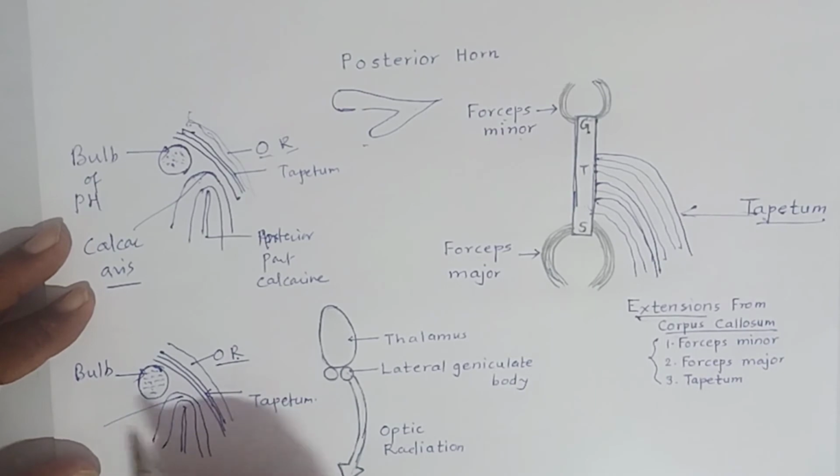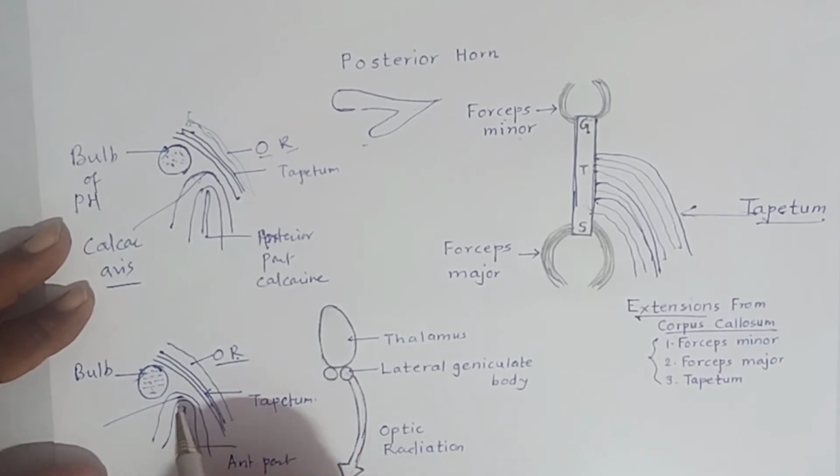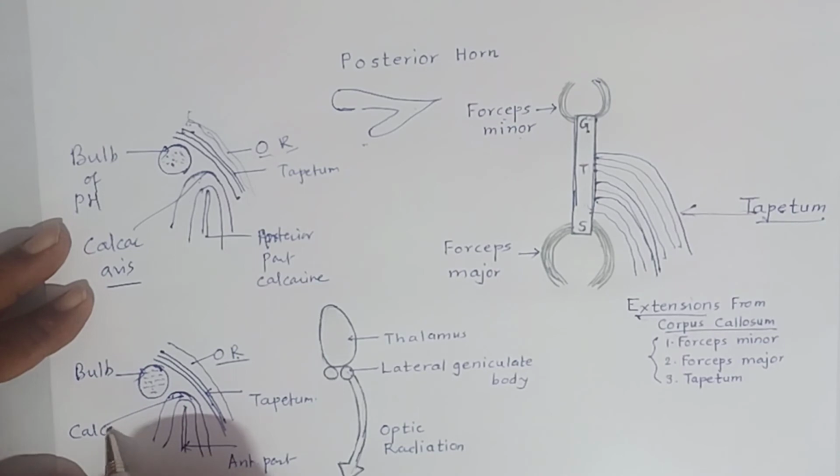This is the anterior part of calcarine sulcus, and this is the white matter pushed by the calcarine sulcus. It produces the swelling which is called calcar avis.